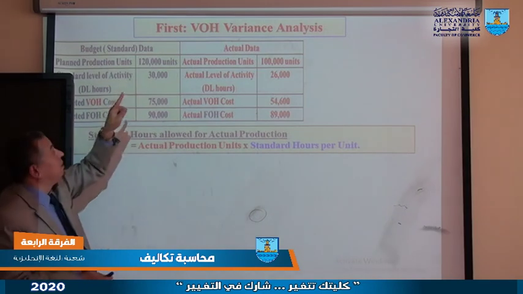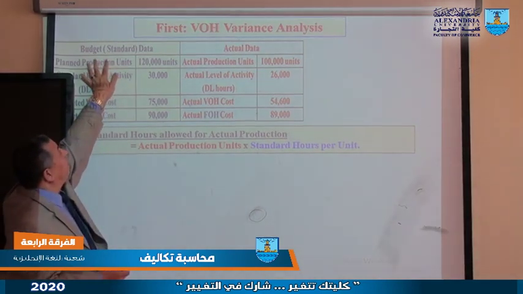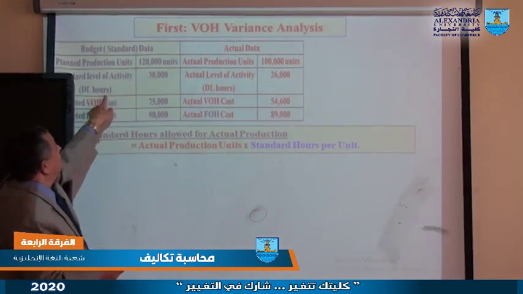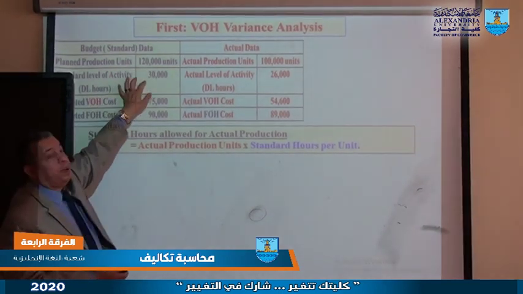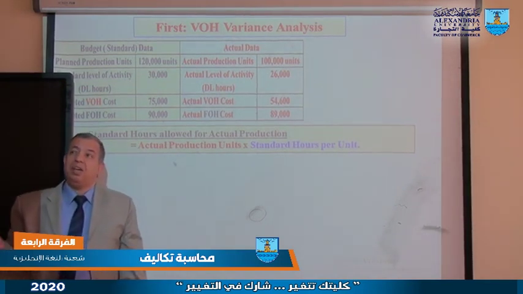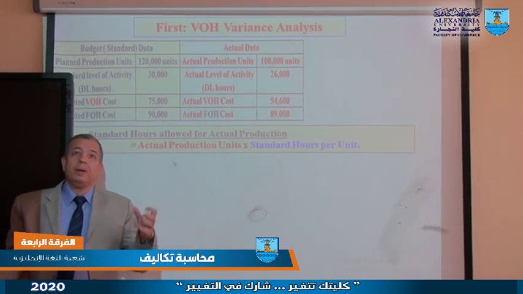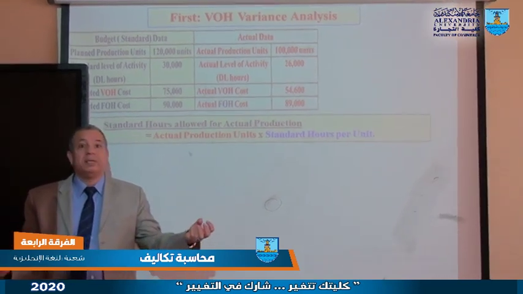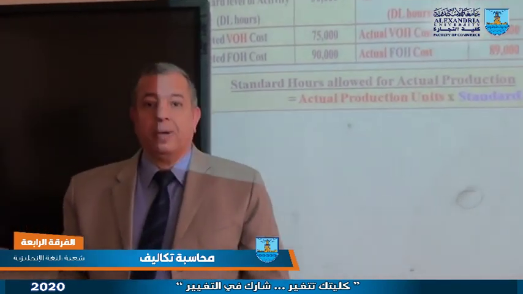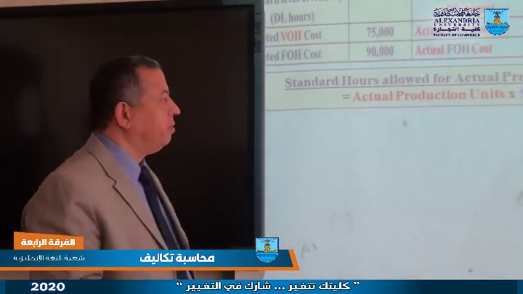If I produce 120,000, my direct labor hours will be 30,000. So I can determine the standard per unit, and it is very simple.